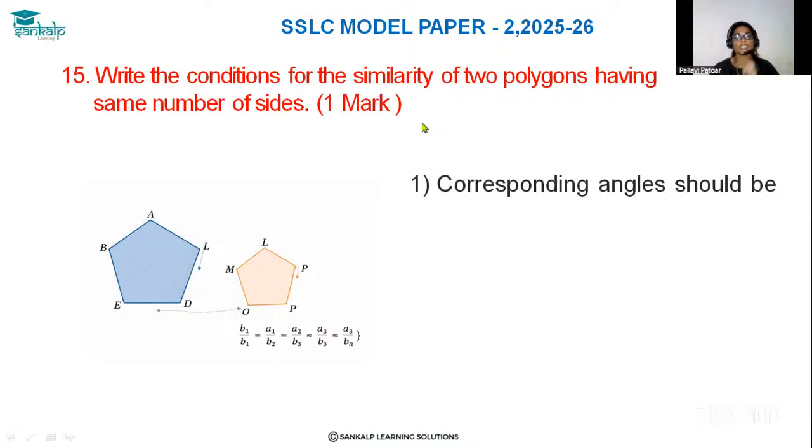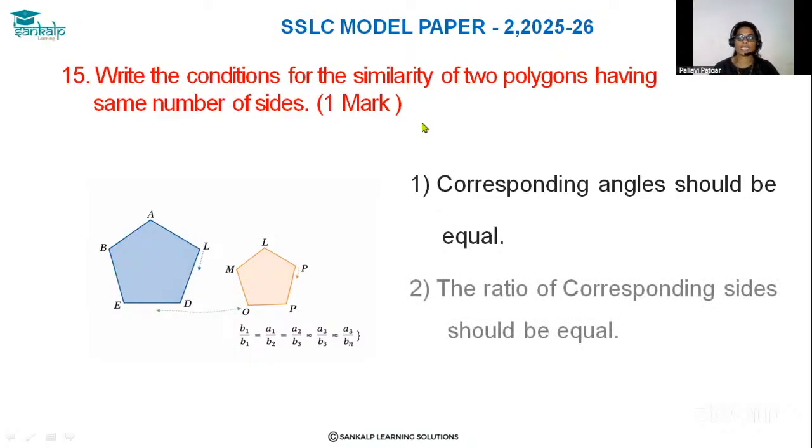What are they? The first one is corresponding angles should be equal. The second condition is the ratio of corresponding sides should be equal.